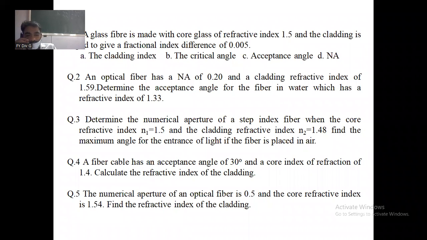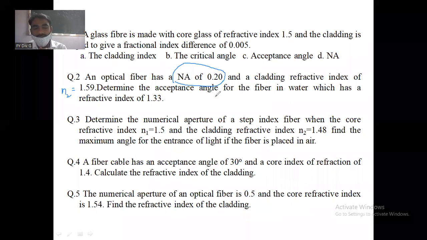Okay. What is the numerical? What is the first sentence? An optical fiber has a numerical aperture of 0.20. Okay. So NA is equal to 0.20 and the cladding refractive index, that is N2, is equal to 1.59. आता ही जी कंडिशन आहे ही कधीची आहे?